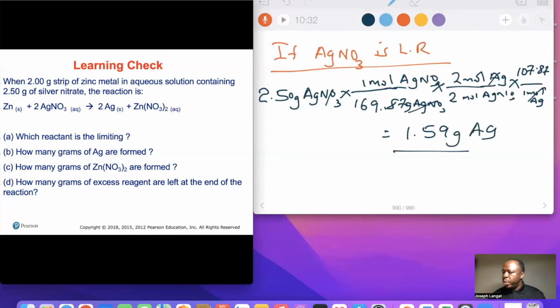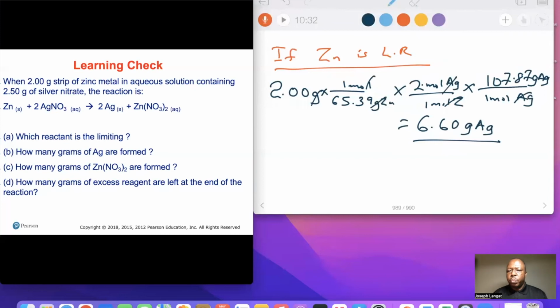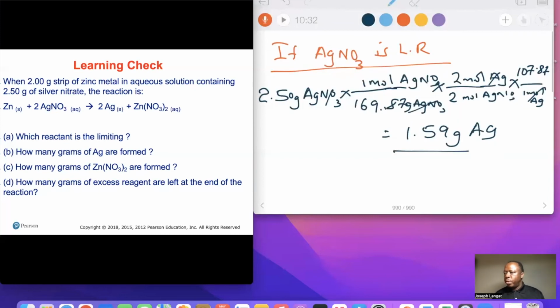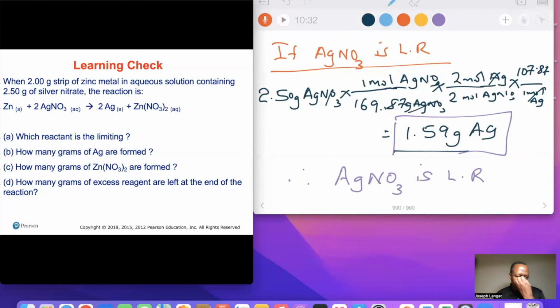If I compare the two now, 6.60 grams of silver and 1.59 grams, clearly this is the smallest. Therefore, AgNO3 is the limiting reactant. That's how you find the limiting reactant.